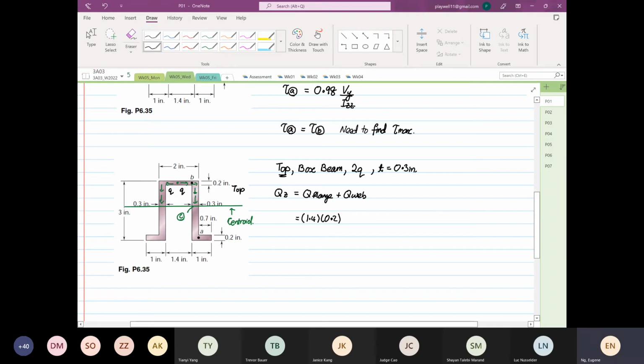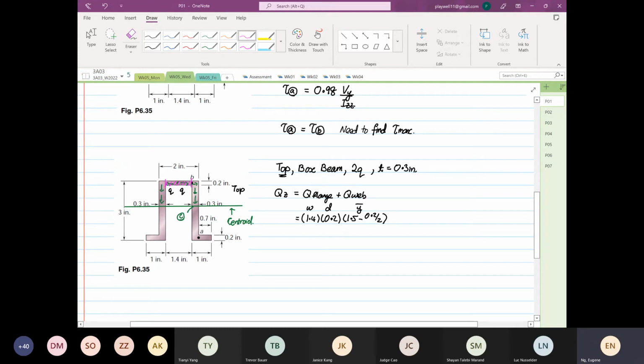And the y bar is 1.5 minus 0.2 divided by 2. So this is our width, depth, y bar. Okay, that is for the flange, right? So that is the one they've just done is this section over here. Okay, so that's why it's the 1.4, 0.2, and 1.5.